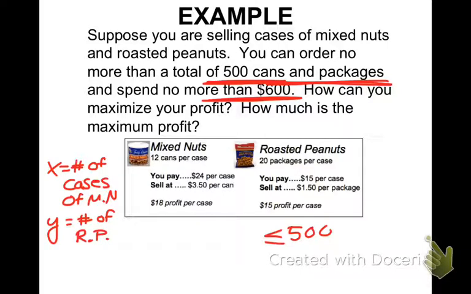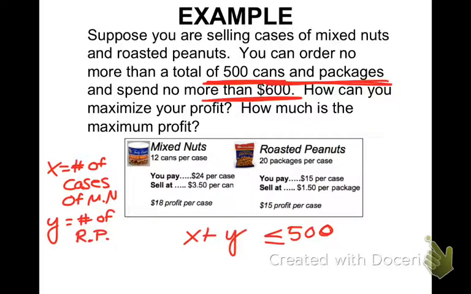So if these two together can be no more than 500, what's that going to look like over here? Just a simple x plus y? So x plus y needs to be less than or equal to 500. Now, well, actually, hold on.